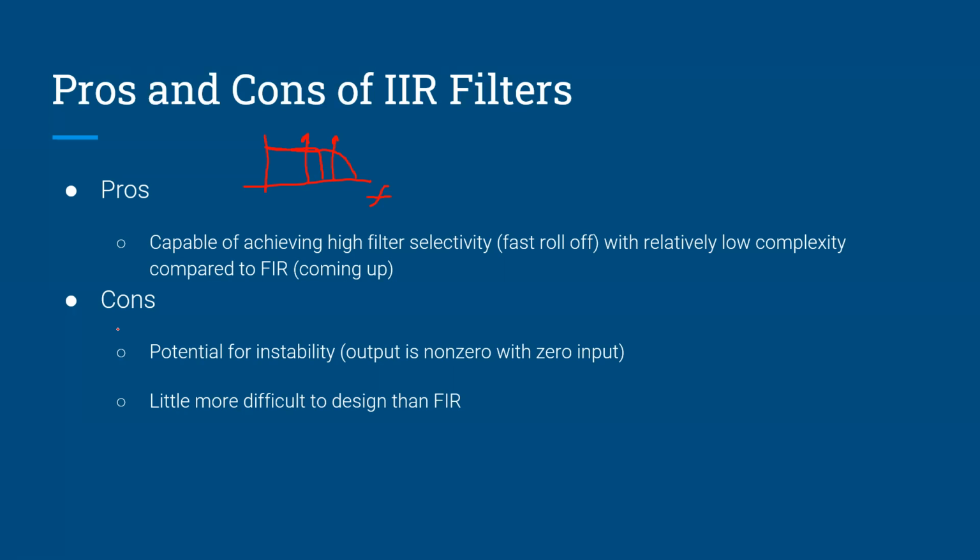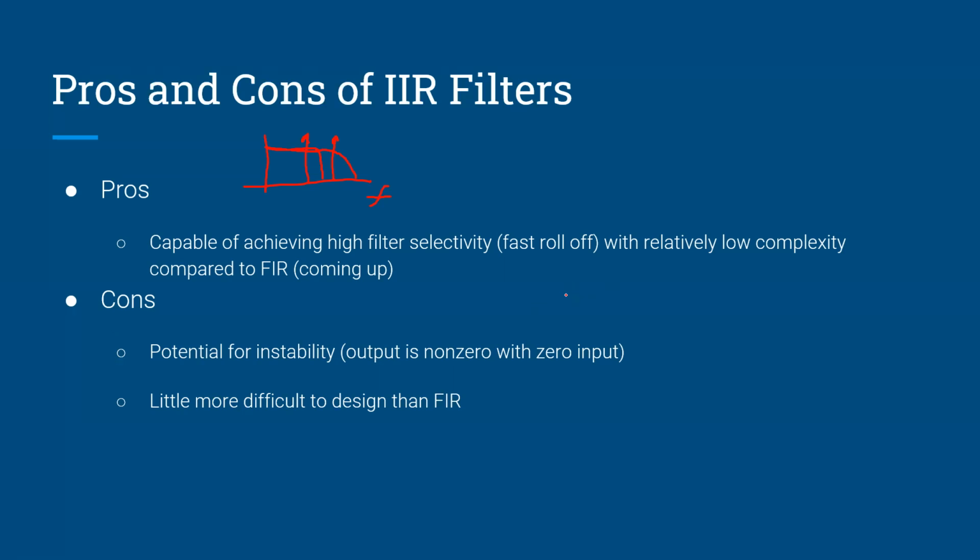So the disadvantage of these IIR filters is that you have to implement them with feedback, which can cause instability. Well, not just the feedback, but the fact that they have an infinite impulse response can lead to instability. For example, if you have 0 input to your filter, you could start having an output, which is not desirable, right?